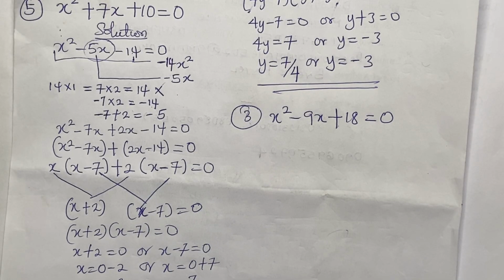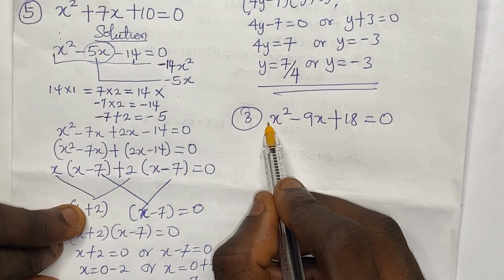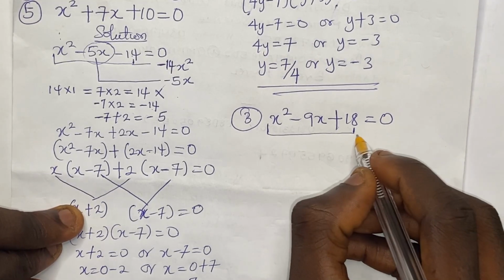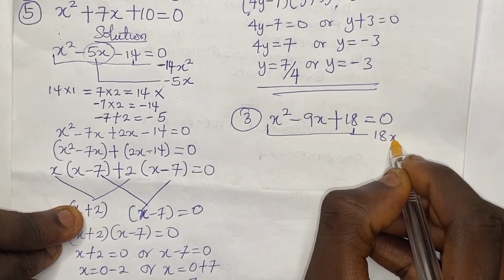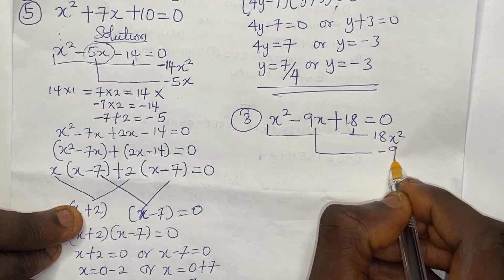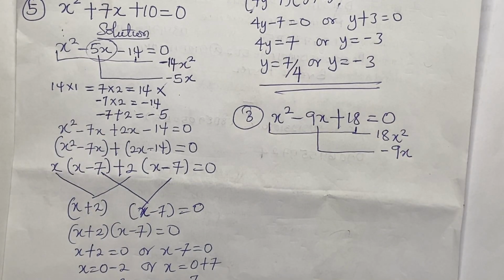That will give us 1 multiplied by 18, because the x squared has nothing with it, so that gives us 18x squared, then minus 9x. Now we need numbers you multiply together that will give you 18, and when you add them together you will get 9.